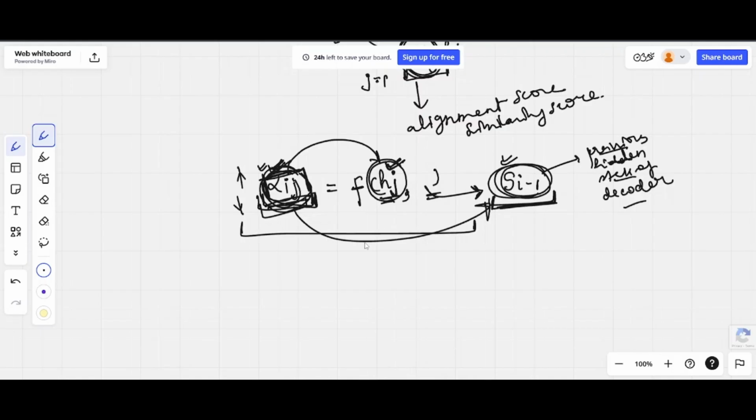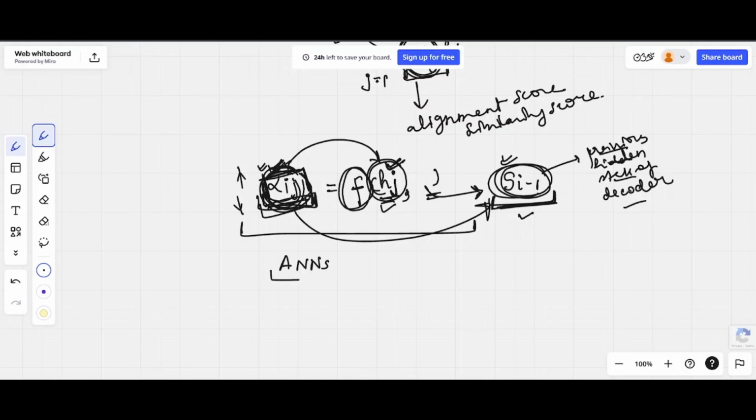Now that we know that alpha ij depends on Hj and the previous hidden state of decoder, how do I find this function? So one approach can be to try every function that is present in this world and see if we are getting it right or not. But that is not the right approach, right? So the people who built this mechanism used ANNs.